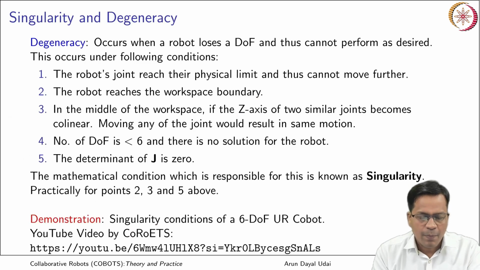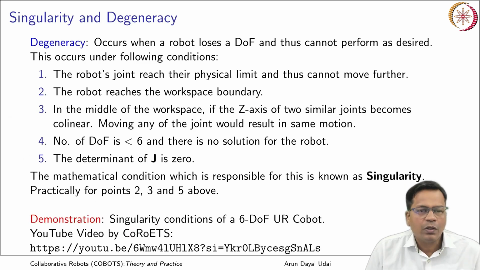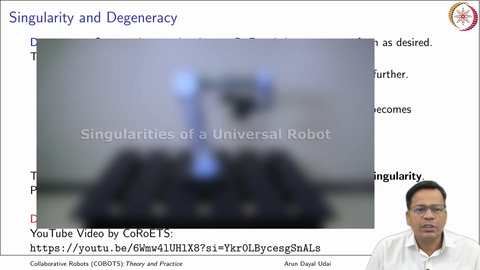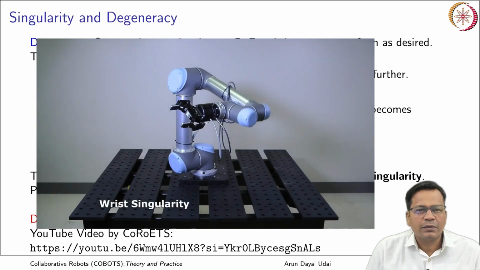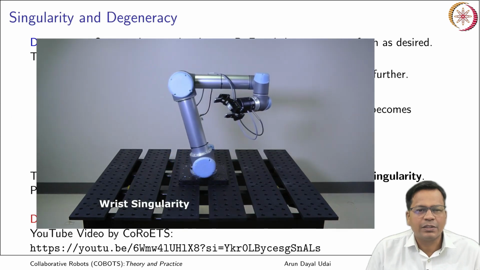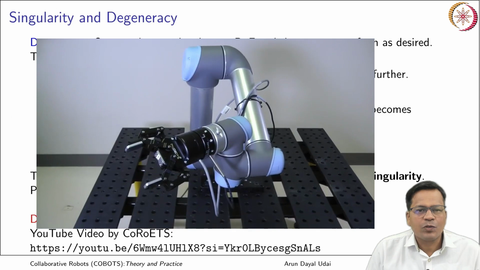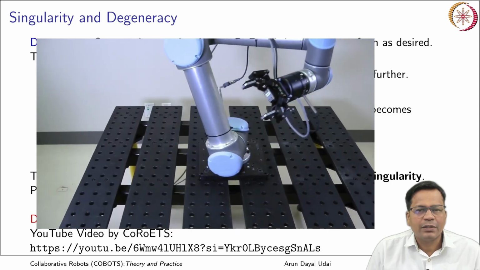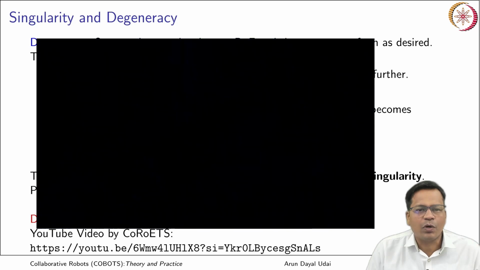Now I will show you a small video of a UR robot which has a singularity. The link to this video I have mentioned here. This is wrist singularity. You see, in between it became singular and the robot halted for a moment, then it moved forward.